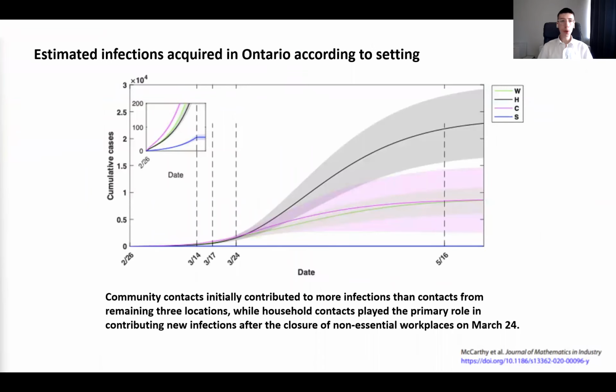And we also identify a shift from community-acquired infection to household-acquired infection after the interventions. So we'll see the community is the initial dominant contributor prior to the measures, followed by the household as the primary contributor to infection.